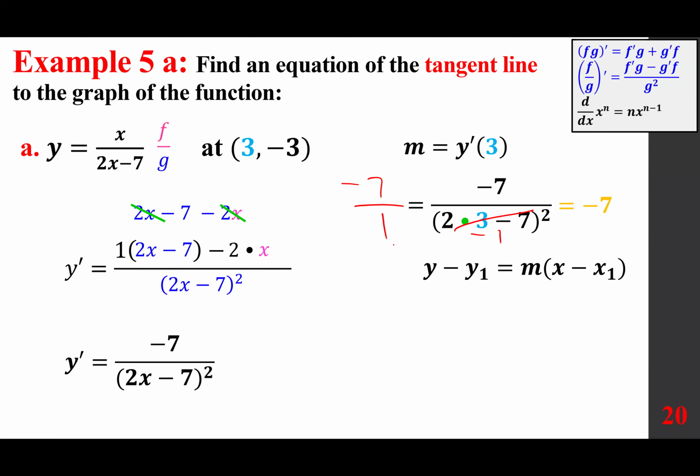y minus y1 equals m times x minus x1. So that means y minus negative 3 gives you y plus 3, m is minus 7, x minus 3.